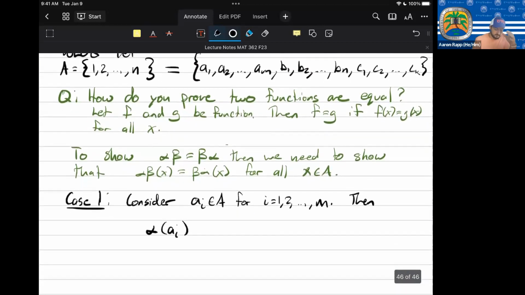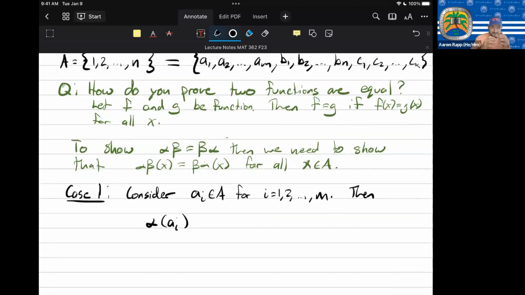So as long as I'm choosing one of the elements listed in that cycle for alpha, it gets changed to the next element listed, which I called A sub I plus 1.